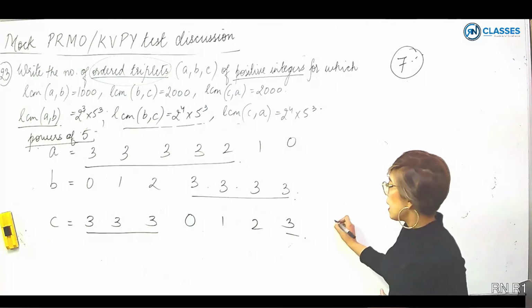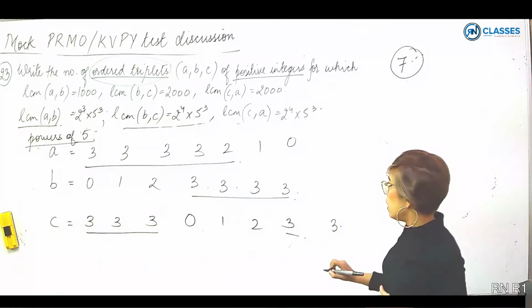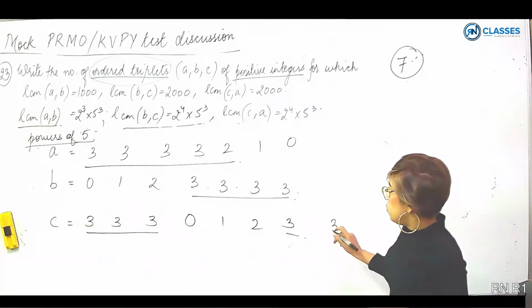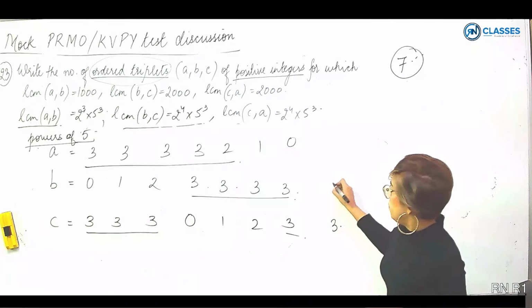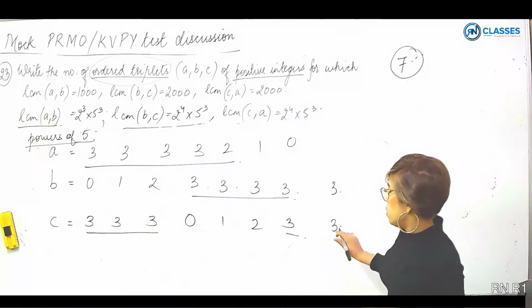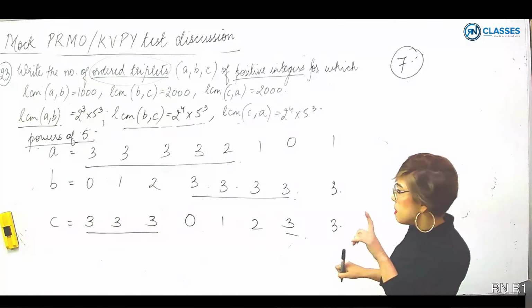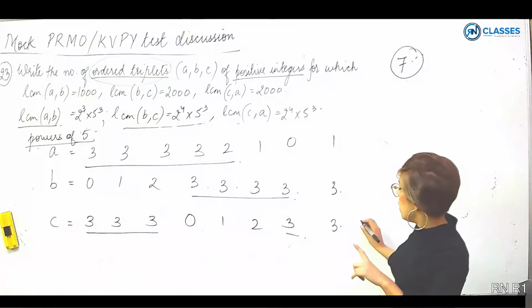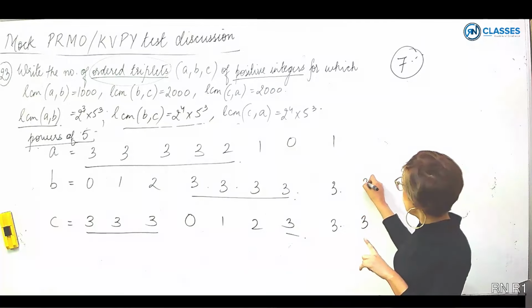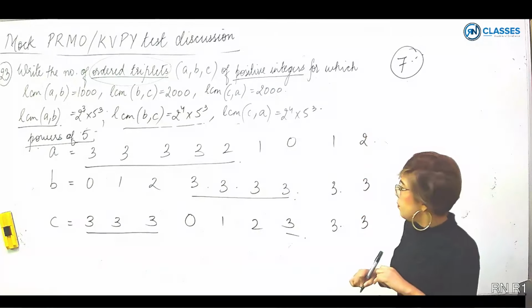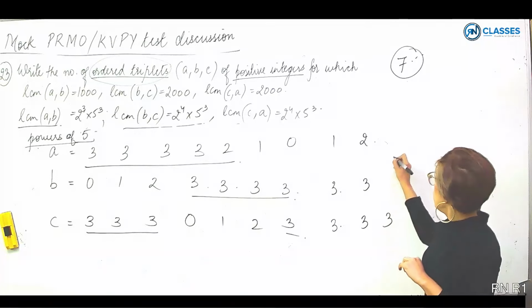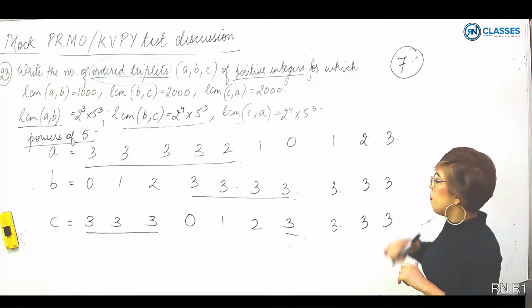So I can have 3 over here, 3 over here, and instead of 0, maybe I can have 1, because I missed that case. 3 over here, and 2. Then 3 over here, 3 over here, 3 over here.